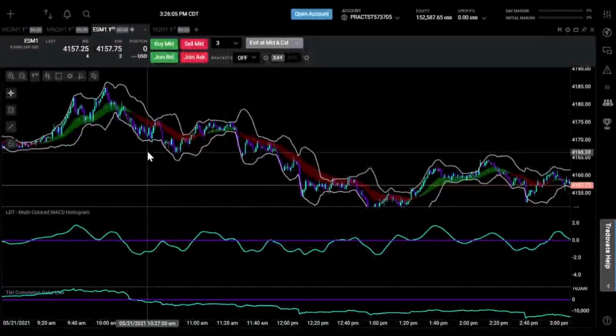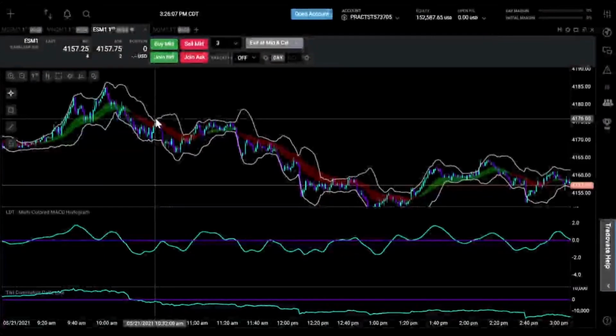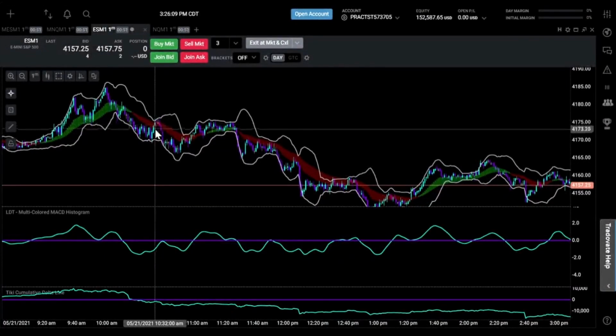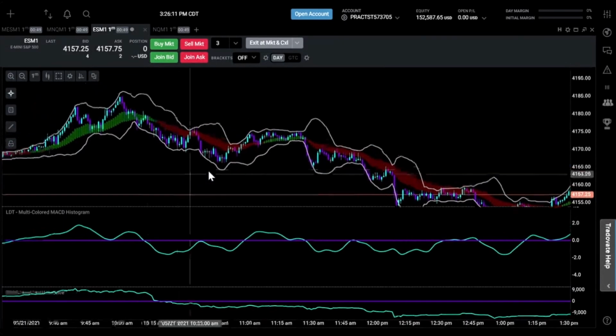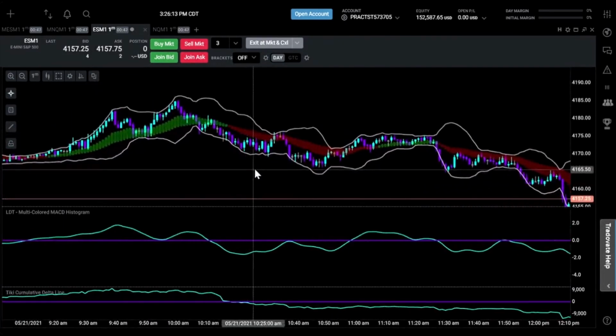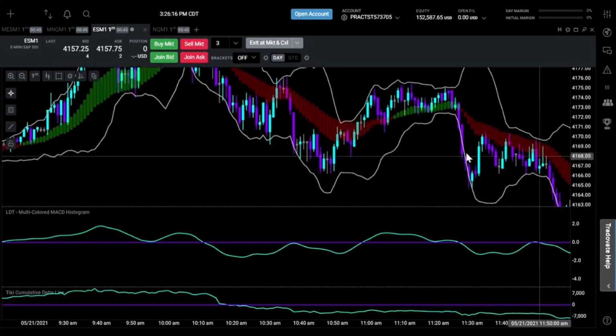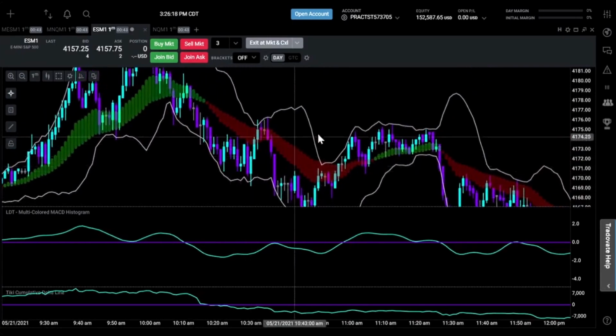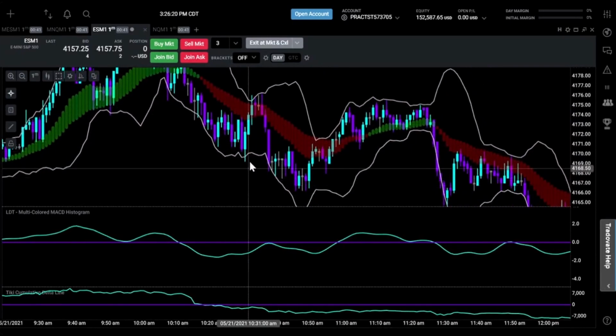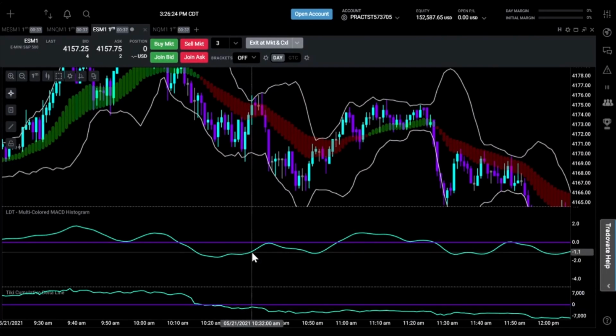I'm okay taking a short into the cloud or off the upper Bollinger Band, right? And you see this poke right here. Let me get this thing scrolled in where y'all can see me. Okay. So we're looking for shorts, right? We're below. We poke through that upper Bollinger Band.